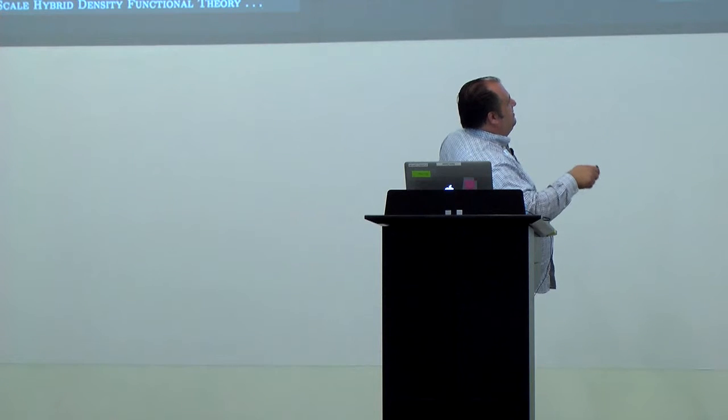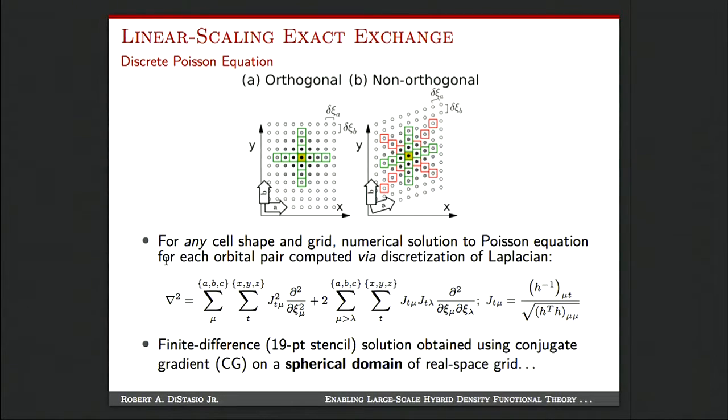At the end of the day, if you're in an orthogonal grid, all you need is the simple Jacobian transformation and a discretization of the Laplacian. This is something that we all know in this room, right? It's a standard stencil. We use a 6th order accuracy stencil. This is a 19-point stencil, so 3 points on each side in 3 dimensions. And we use a conjugate gradient method, and again, a spherical domain of the real space grid to solve each Poisson. So in other words, we have many, many small Poisson equations to solve.